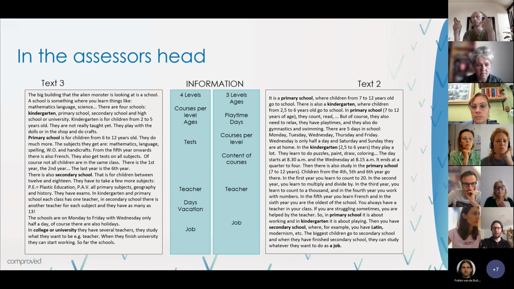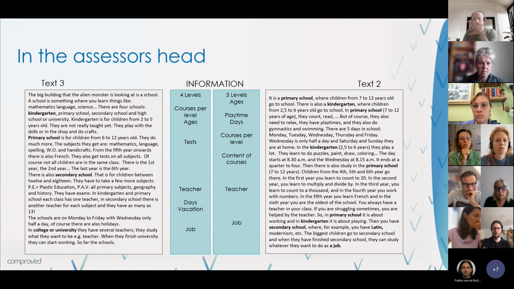So we have to look at another thing, and then I see, on the right, text 2 is talking about primary school, kindergarten, primary, kindergarten, primary, kindergarten, secondary. Then I go to the left-hand side, and I see an alinea on kindergarten, an alinea on primary, an alinea on secondary, an alinea on college and university.